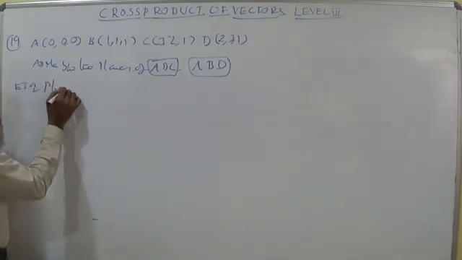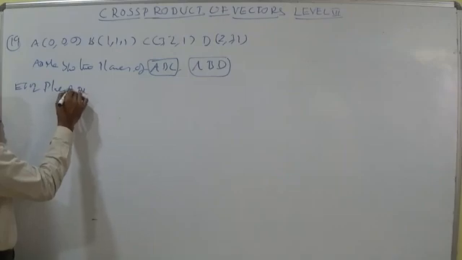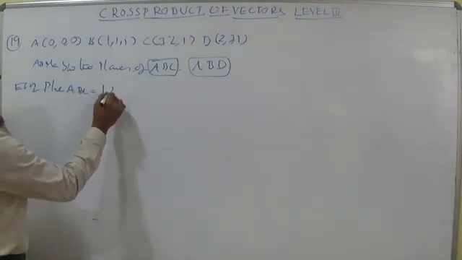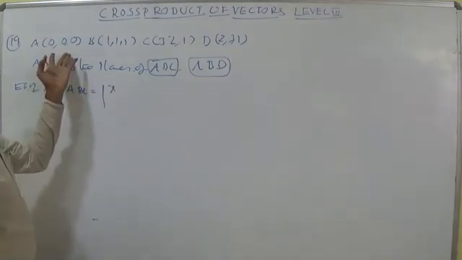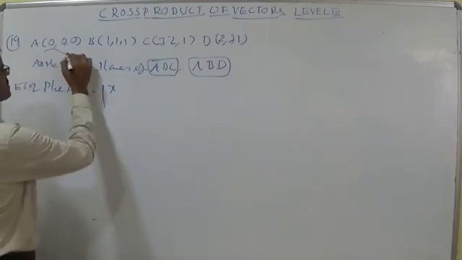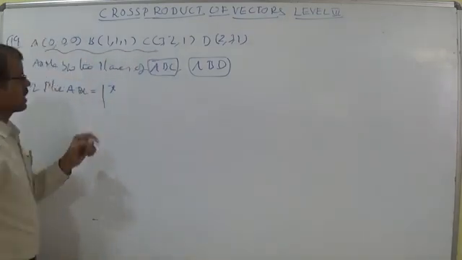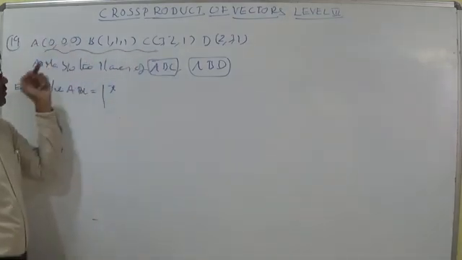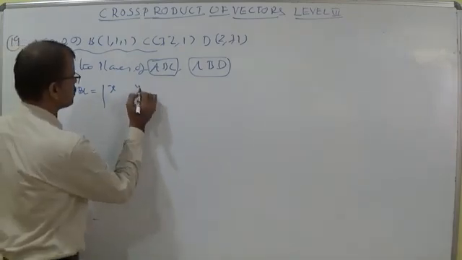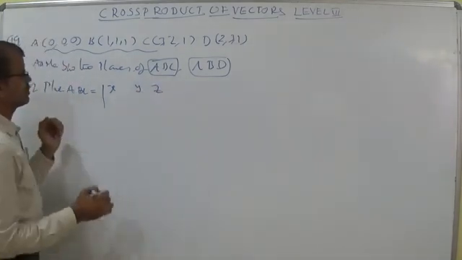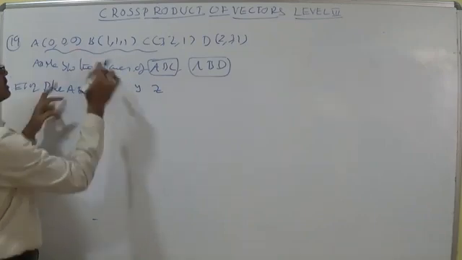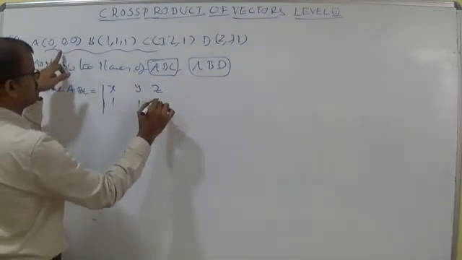Equation of plane ABC I am writing. Equation of plane ABC is equal to, using the formula x minus x1, y minus y1, z minus z1: x minus 0, y minus 0, z minus 0. So x, y, z. Next b bar minus a bar: 1 minus 0, 1 minus 0, 1 minus 0.